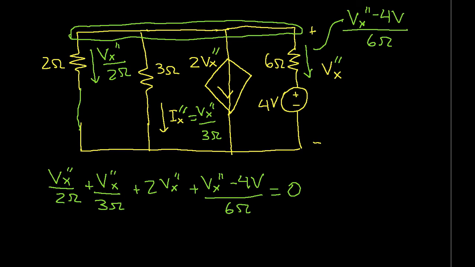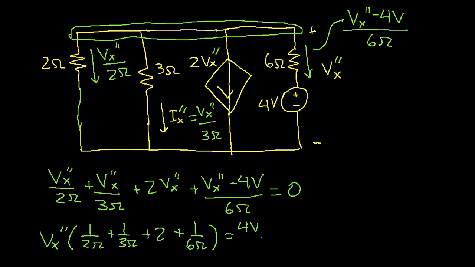So we can simplify this a little bit by moving the 4 volts over 6 ohms over to the other side and factoring out a Vx double prime. So we get Vx double prime times 1 over 2 ohms plus 1 over 3 ohms plus 2 plus 1 over 6 ohms is equal to 4 volts over 6 ohms.